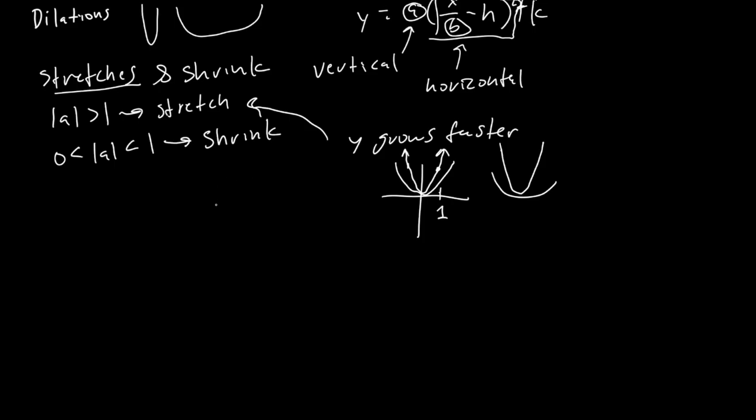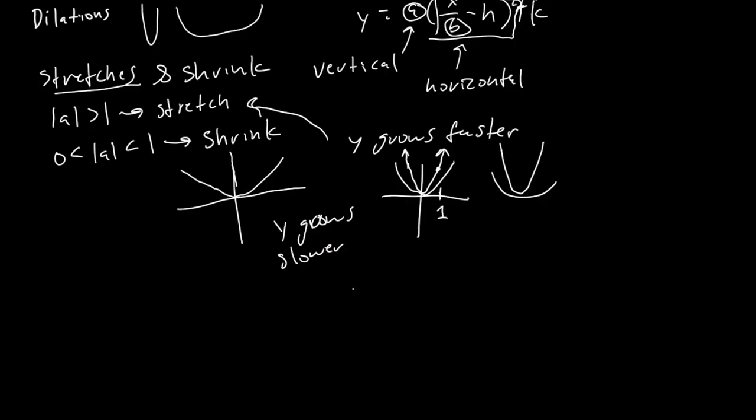And then a vertical shrink, not horizontal, sorry, does the opposite, where it makes the function wider. And this makes sense again because y grows slower, right? Because if you multiply something by something that's between 0 and 1, you get a lower number.